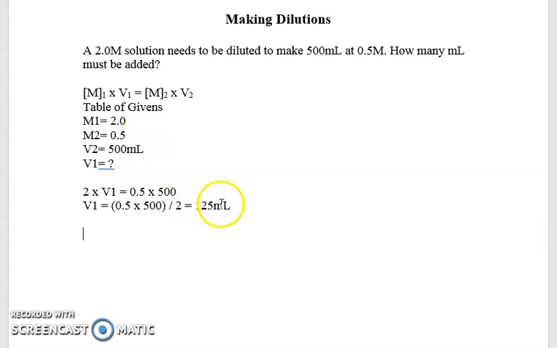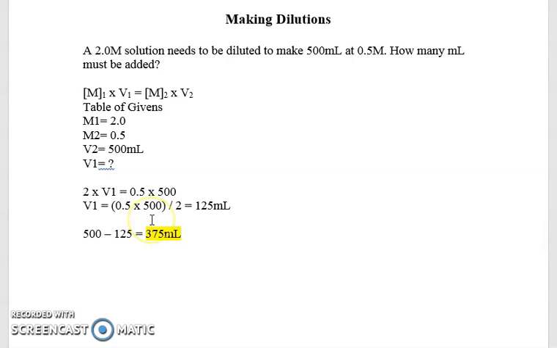How many milliliters must we add to 125 to get to 500? It's quite simple actually. You simply take the final volume and subtract the original volume, which gives us 375 milliliters. And that is going to be your final answer.